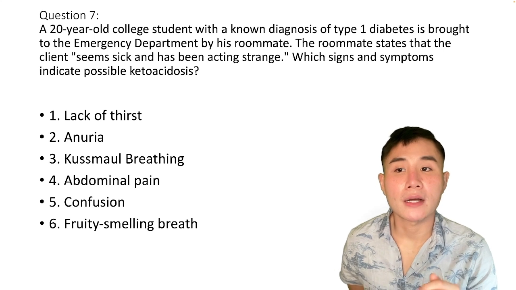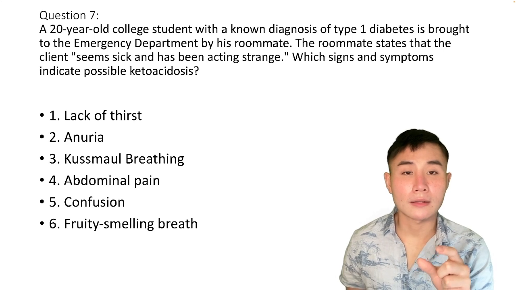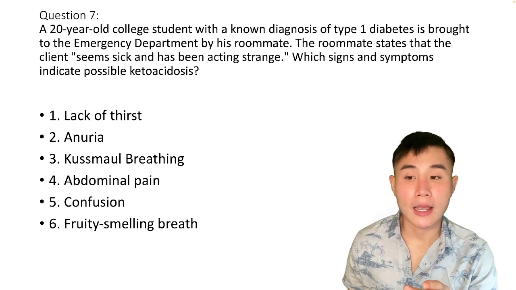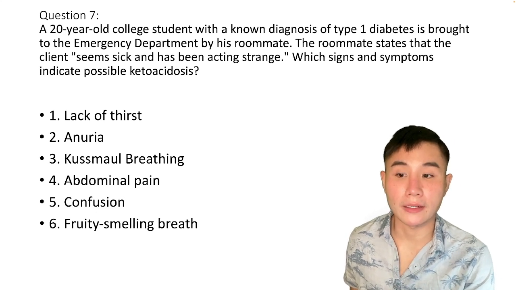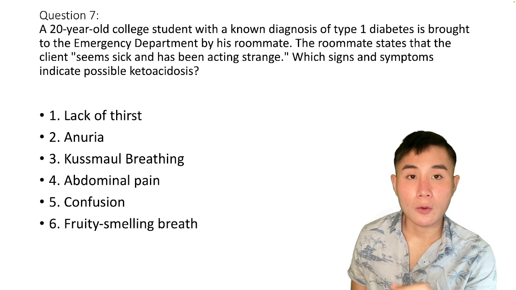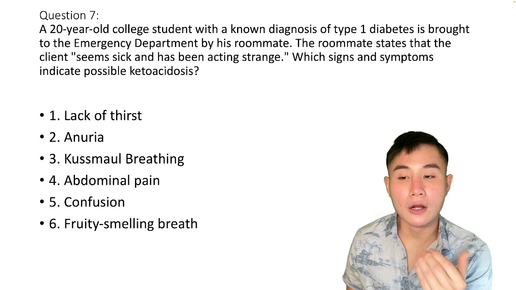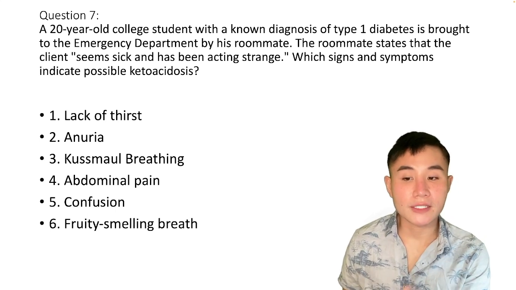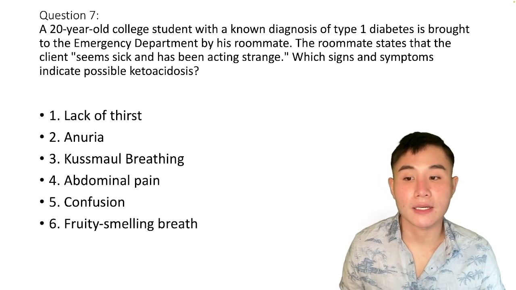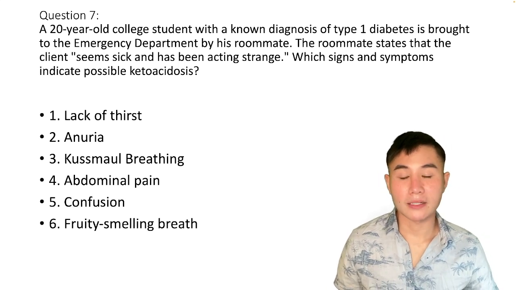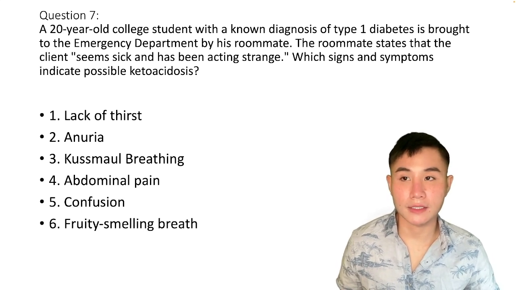Like I mentioned earlier, when the blood sugar is so high, the blood flow is sluggish and obstructed to the gut, so it can cause abdominal pain. Confusion, yes. Again, when the blood sugar is so high, less blood flows continuously to the brain, which can cause confusion. Fruity smelling breath, that's a giveaway. We obviously know that's for DKA. It's a hallmark sign. So again, answer choices are 3, 4, 5, and 6.